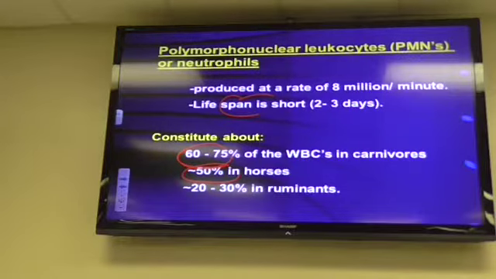The rest are lymphocytes, macrophages, eosinophils, and all that. But in ruminants, neutrophil numbers are just 20 to 30%. They have more lymphocytes. The percentage of lymphocytes is almost 50 to 60%. Okay, that's one question that we will see more often.